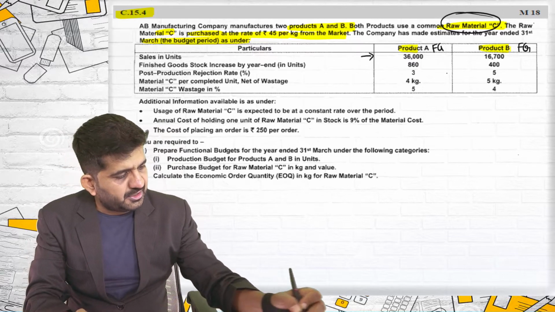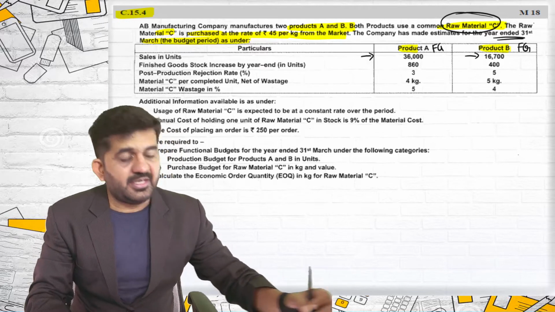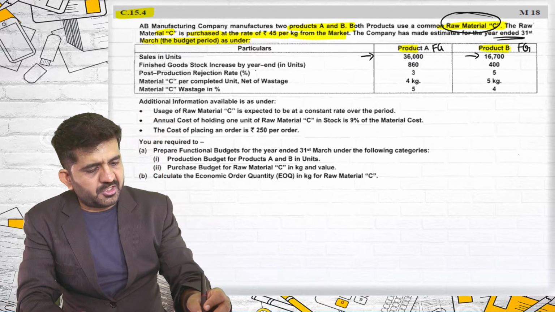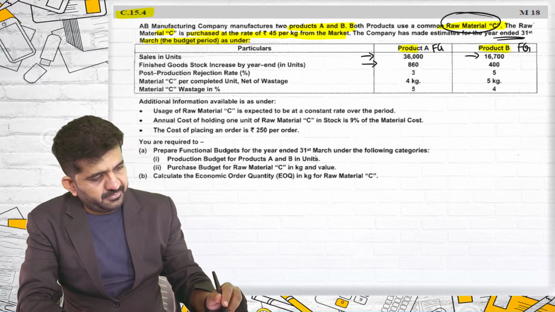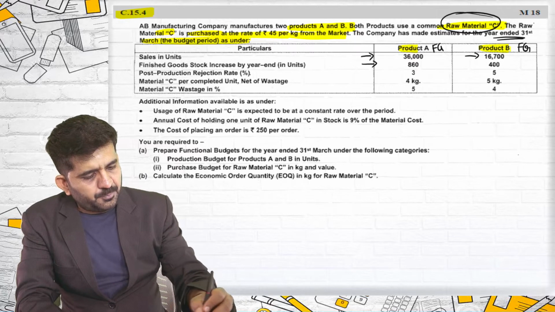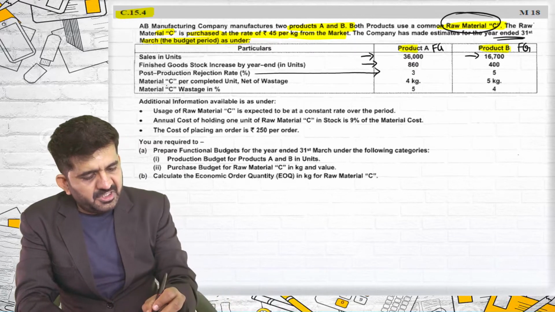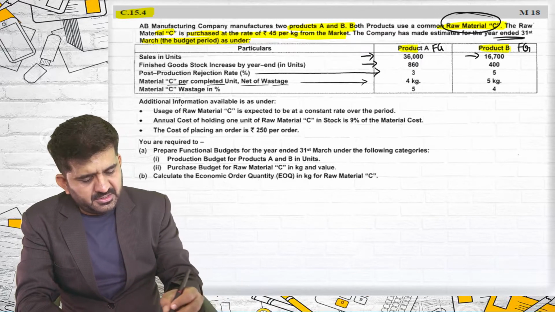Sales units are 36,000 and 16,700 and it is for the year ended. So the budget is for the full year. Finished goods stock increase by year end in units is 860. Alright, that we'll be doing. Post production rejection rate in percentage is so and so. Material C per completed unit net of wastage required is this.